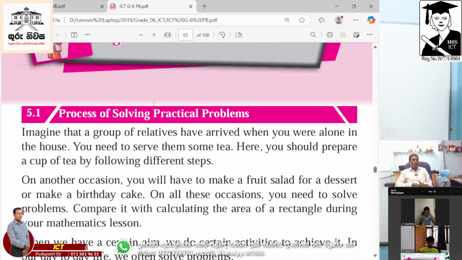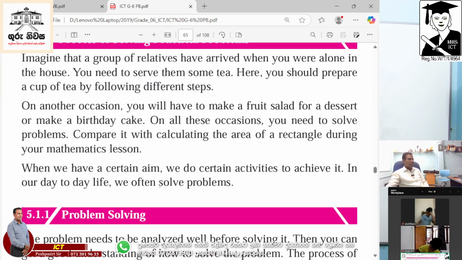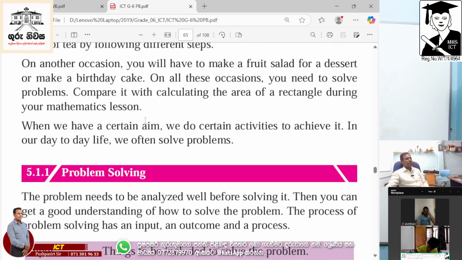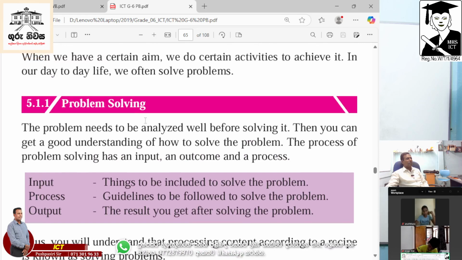For easiness of problem solving, we are trying to divide that problem.